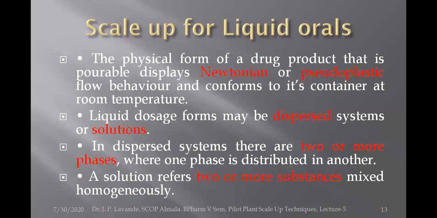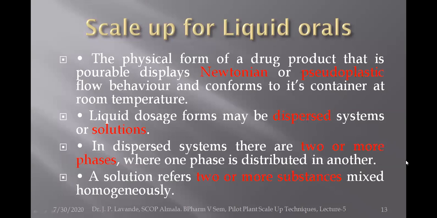Liquid dosage forms may be dispersed systems or solutions. When it is dispersed, it is biphasic, either liquid in liquid or solid in liquid. If it is liquid in liquid, it is an emulsion. If it is solid in liquid, it is a suspension. Whereas solutions are systems which contain dissolved solute in the solvent.